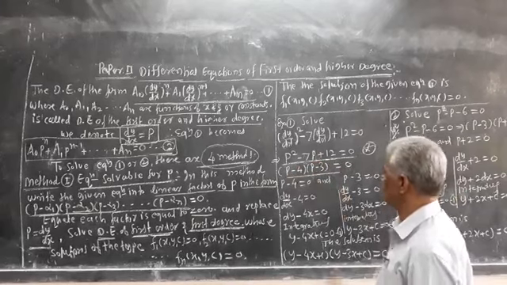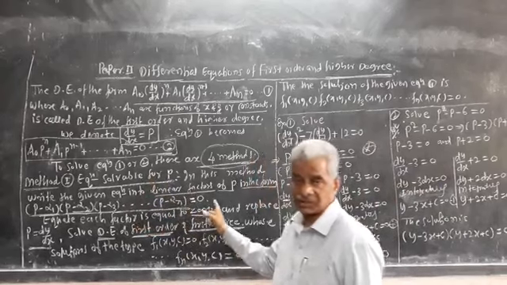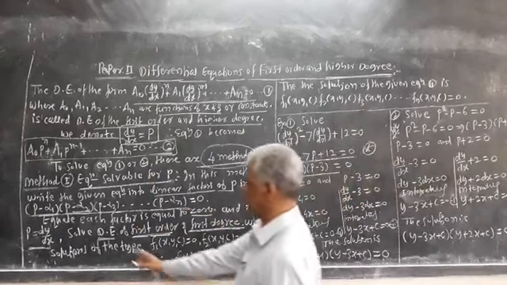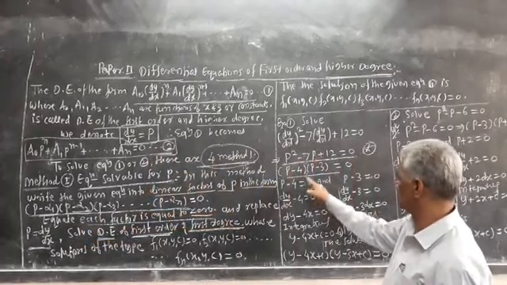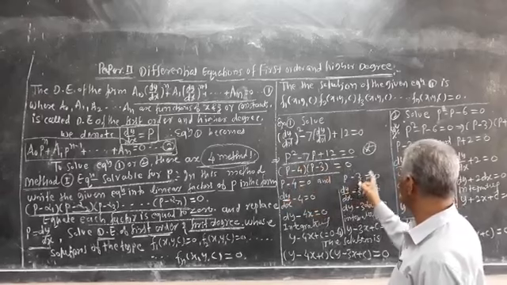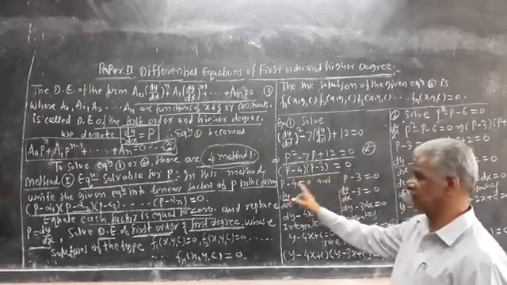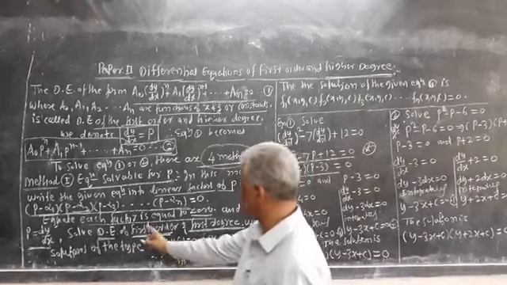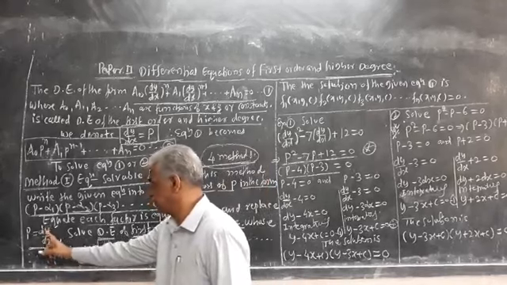Hence, the first step is to write the equation as a product of linear factors. The next step is to consider each factor equal to 0: consider first factor p minus 4 is equal to 0, p minus 3 is equal to 0. The third step is to consider each factor equal to 0 and replace p by dy by dx.